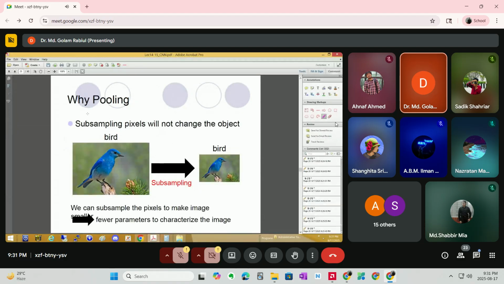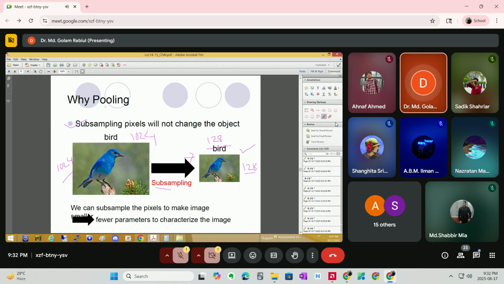So instead of utilizing, for example, a 1024 by 1024 image, if we subsample this, then we will get the same image but in lower resolution, maybe 128 by 128. Even though we subsample it, the actual image is not distorted. We can still recognize the same image, the same bird.